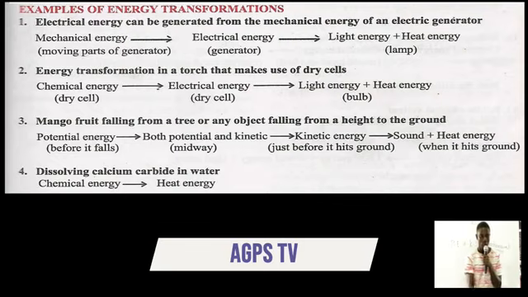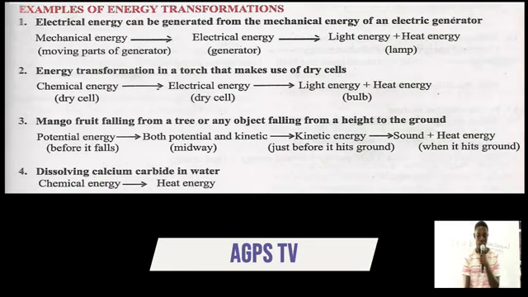Now, the fourth example is dissolving calcium carbide in water. If you go to the welders, they normally use this calcium carbide. The welders normally call it carbide.